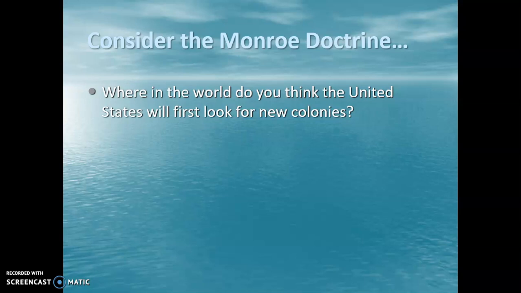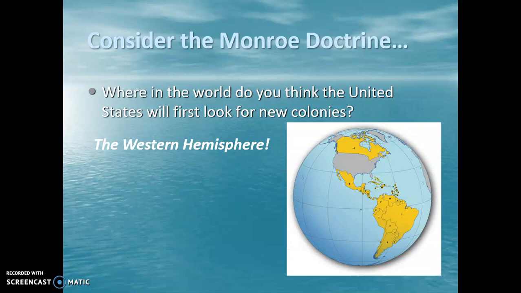Right, so anything North America, Central America, South America, courtesy of James Monroe, the U.S. says, look, you can't come and create colonies here. You need to stay on your side of the planet, do your own thing. So naturally, the first place that we're going to start looking is going to be in the Western Hemisphere to actually make those colonies, right?